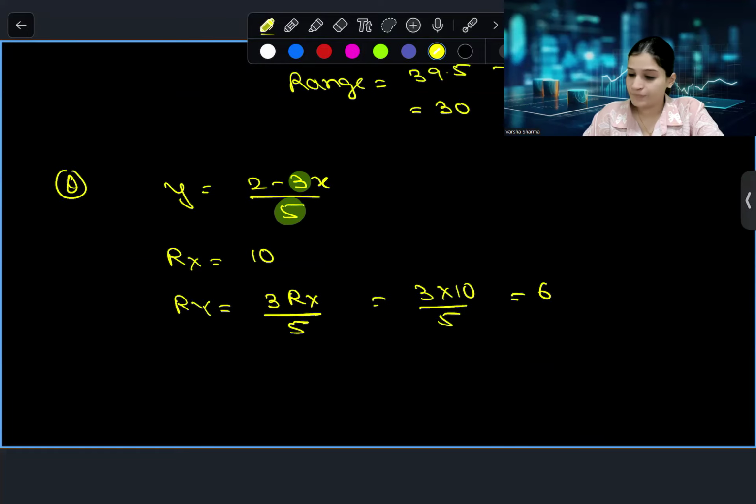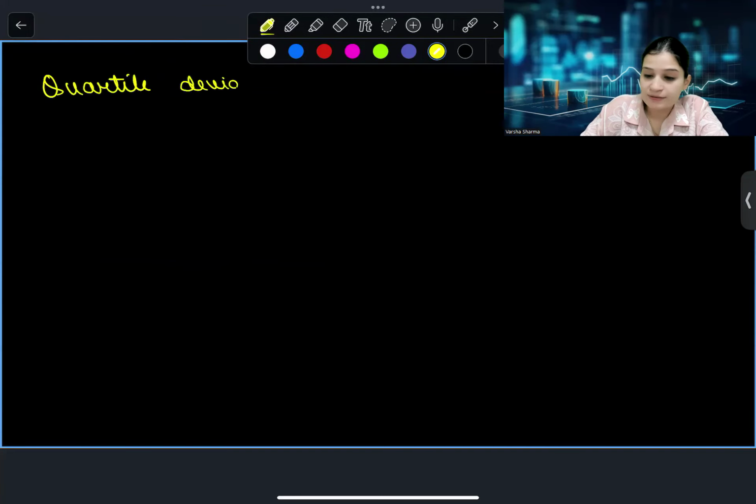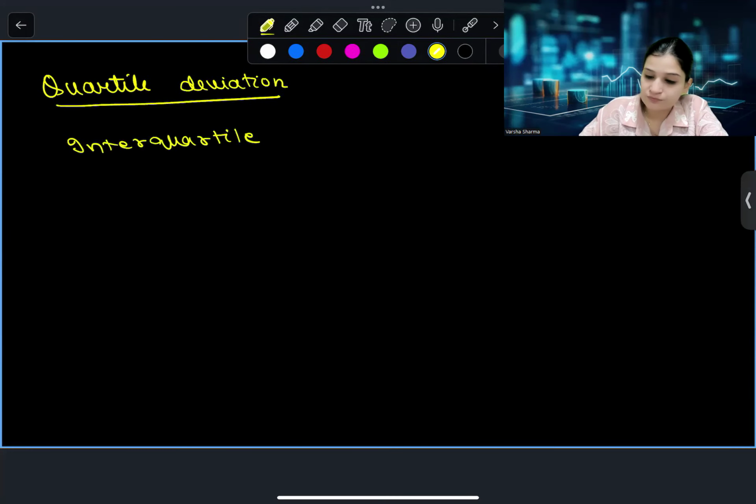Then we move to quartile deviation. I hope you all know how to calculate quartiles. So for quartile deviation, first we find the interquartile range between the quartiles, that is Q3 minus Q1.